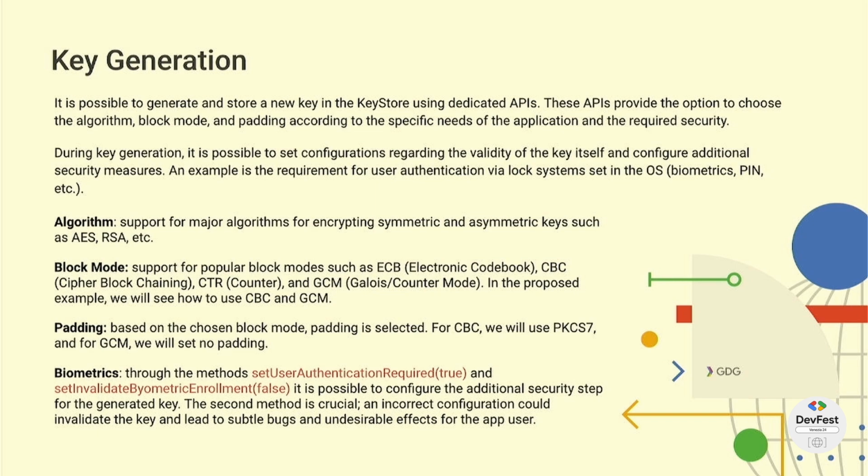So putting this as a default of true is not that good in my opinion, but it's a really restrictive way of seeing things. Of course, you can put it to false, and what it's doing is invalidating the key only when something a little bit further is changing on the authentication method. If I add a fingerprint, it will not invalidate the key, but if I remove some authentication method, it will invalidate it.